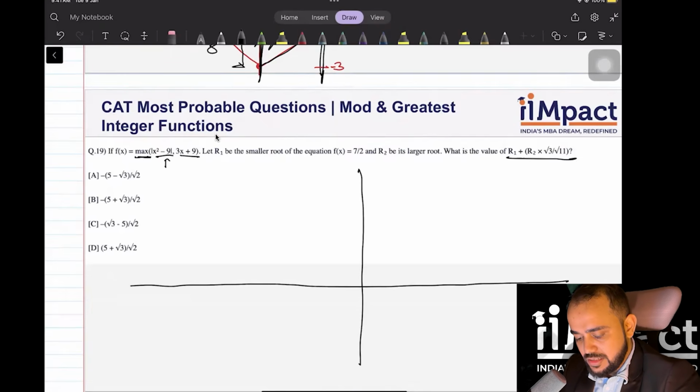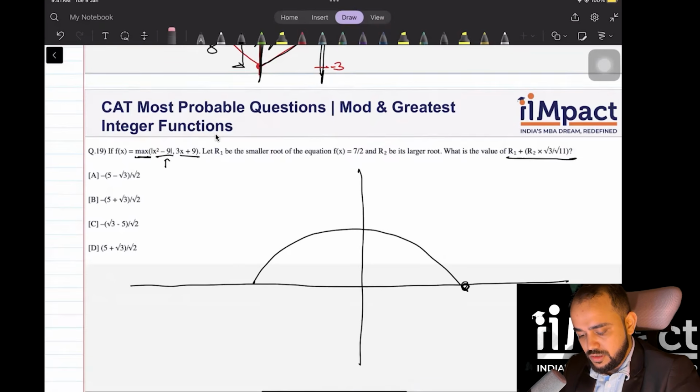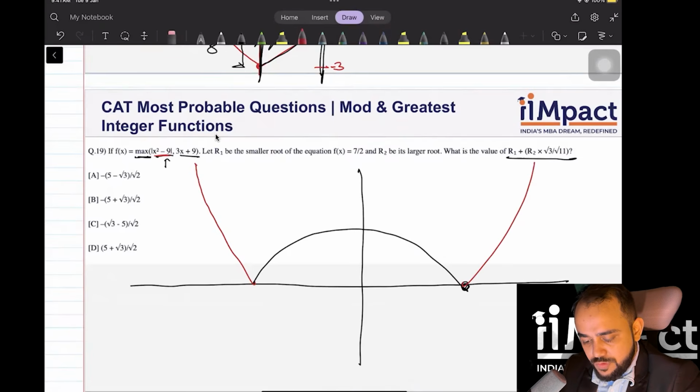So this is x square minus 9, right? So the function would have been something like this, but this will invert when I apply the mod part. So let me just remove this. So this is the function of mod of x square minus 9. Let me make the graph of 3x plus 9.